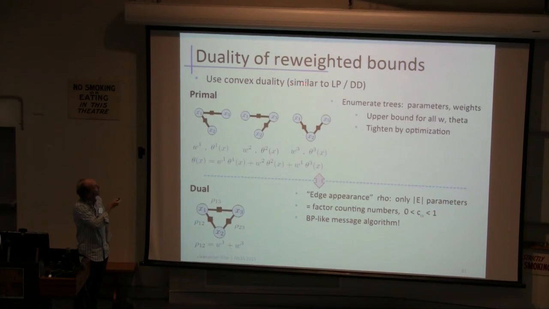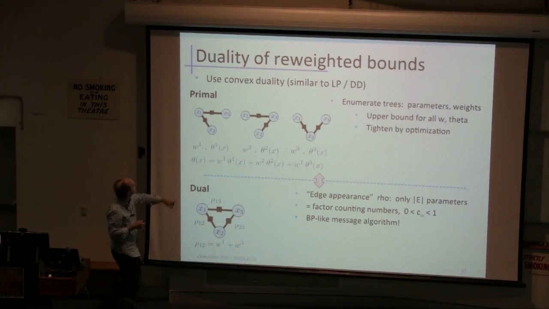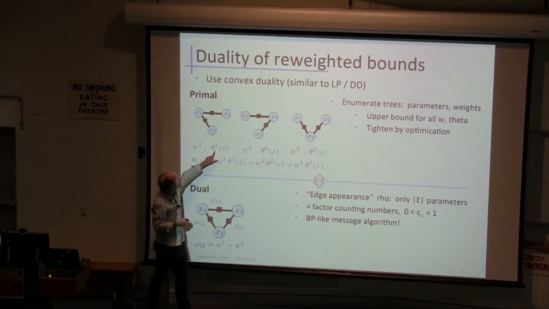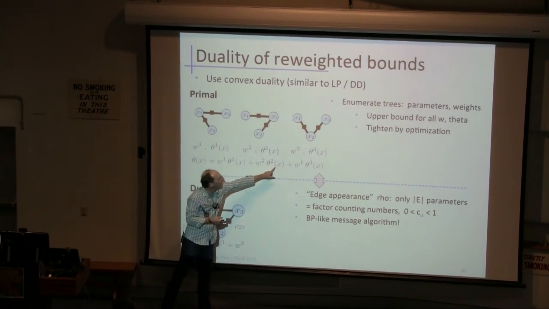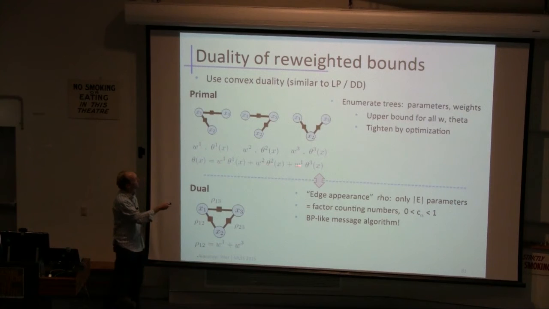We can compute these bounds on the partition function either in this domain where we enumerate over these tree-structured forms. We assign weights to each tree, we assign some parameter vector to each tree, and then we ensure that the original model is the weighted combination of those simpler models.